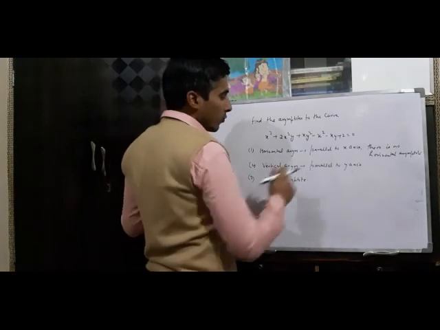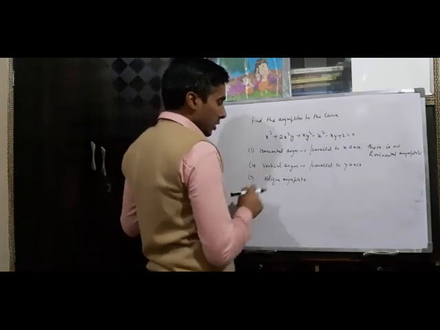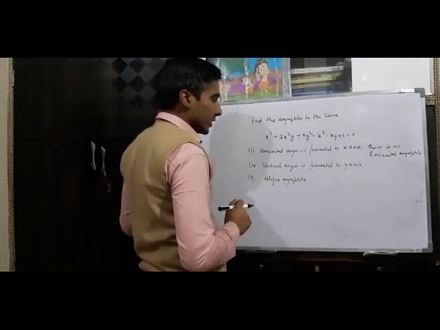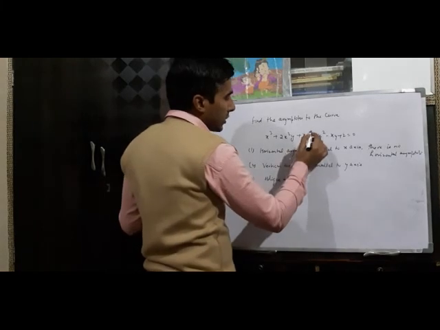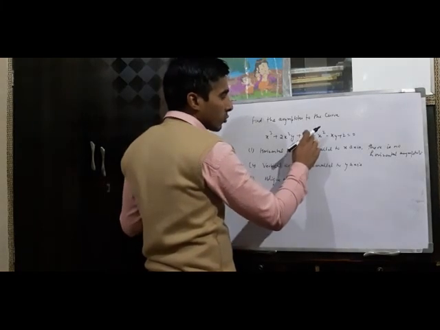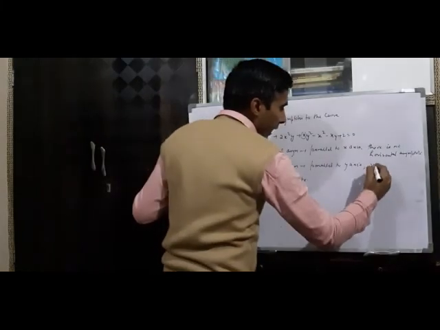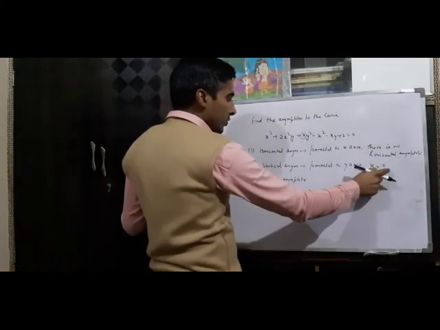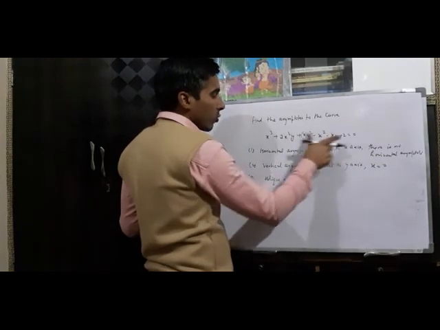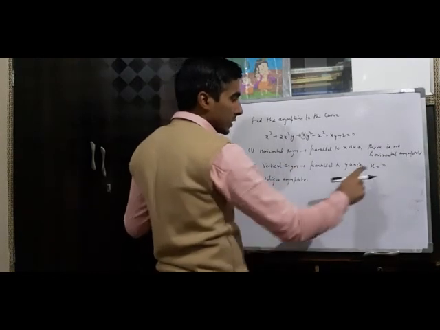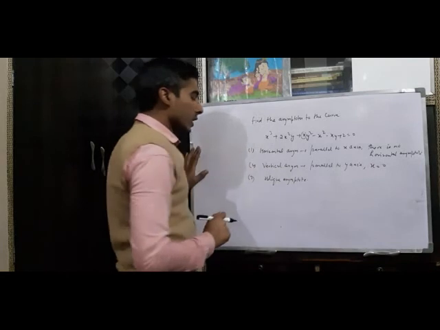Now we try to find the asymptote which are parallel to y-axis. Here the highest power of y is y square and the coefficient of this is x. So if we take x equal to 0, this is the vertical asymptote for the given curve. So here x equal to 0 is the vertical asymptote.